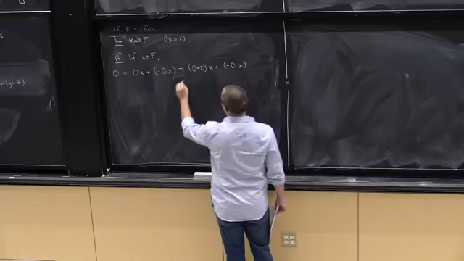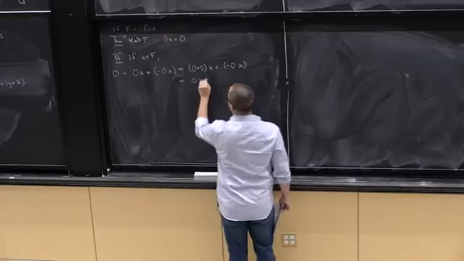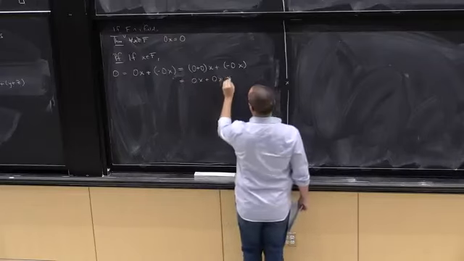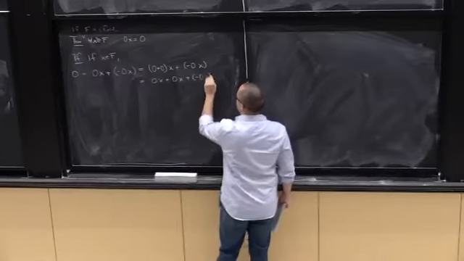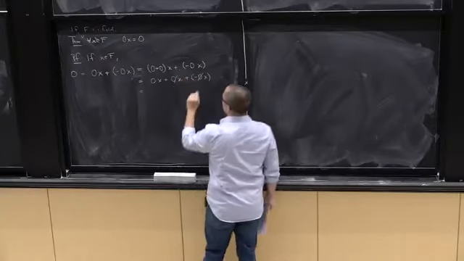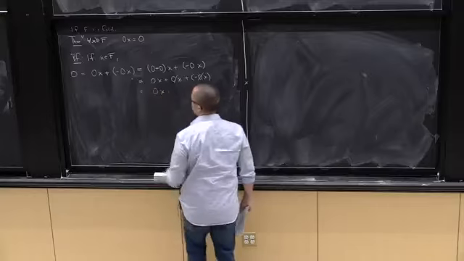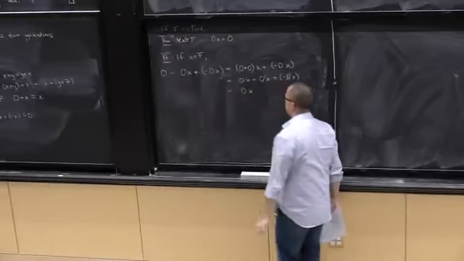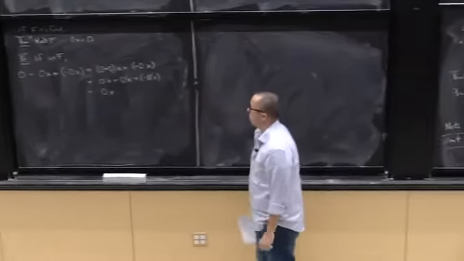And now I use the distributive law. This is 0 times x plus 0 times x plus the additive inverse of 0 times x. And that cancels with that, and I get 0 times x. So I started off with 0, and I arrived that it's equal to 0 times x. All right?